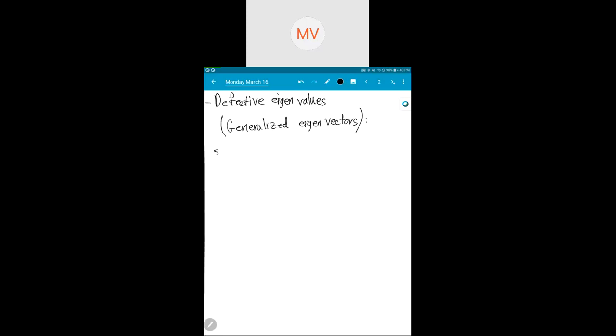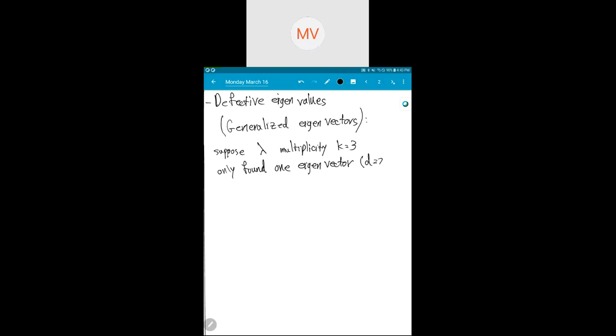So, let's suppose lambda has multiplicity k equal 3. That means it's repeated 3 times. Okay? And the defect is 2. That means we only found one eigenvector, right?